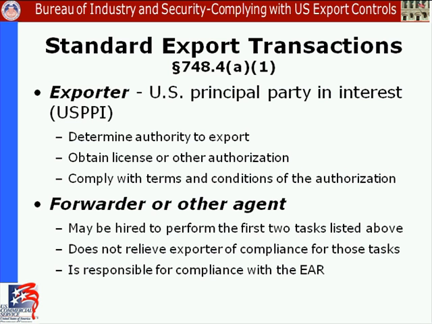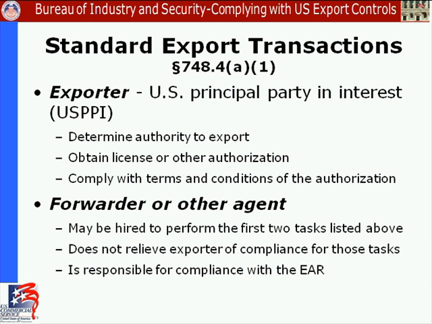Now, the actual U.S. supplier does not always have to be the exporter of record. You may hire any of the shipping services or a freight forwarder to handle the paperwork and the determination of whether the export license is required for your transaction. That's not a problem.